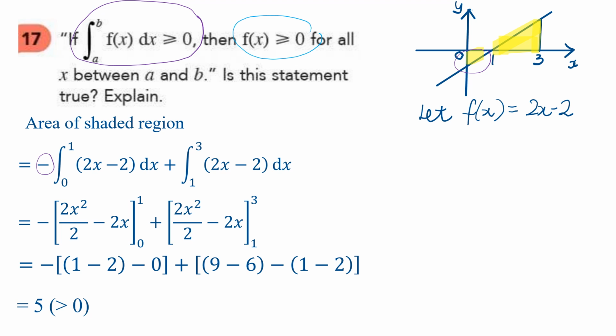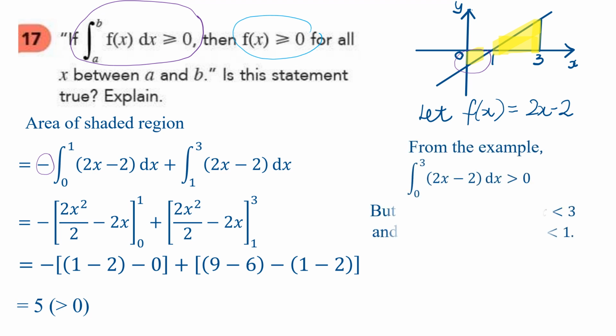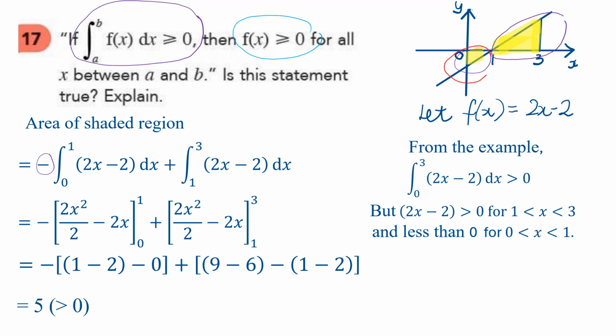Is your function 2x minus 2 always more than or equal to 0 between 0 and 3? You will see that it's not, because it's only more than 0 here, but it's less than 0 here. 2x minus 2 is not positive all the time. So hence the statement is false.